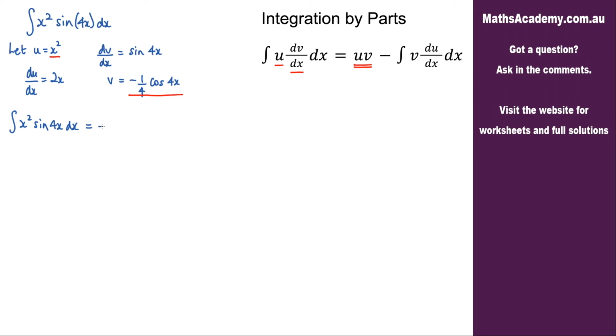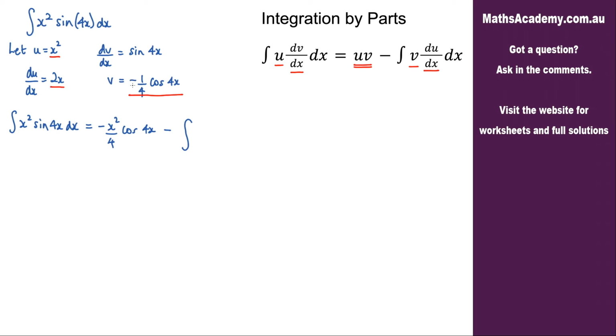So we get negative x squared over 4 cosine of 4x. We then need to subtract the integral of v du dx. So v is this negative quarter cosine 4x and du dx is 2x.